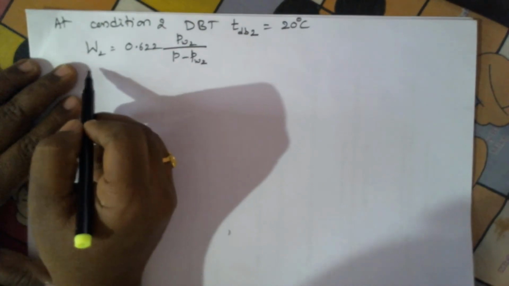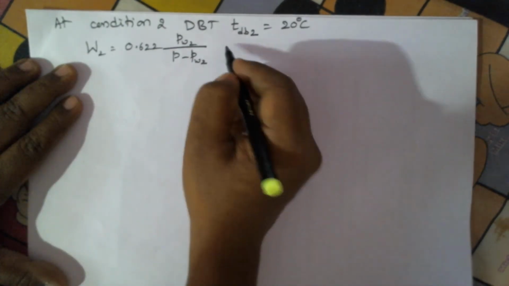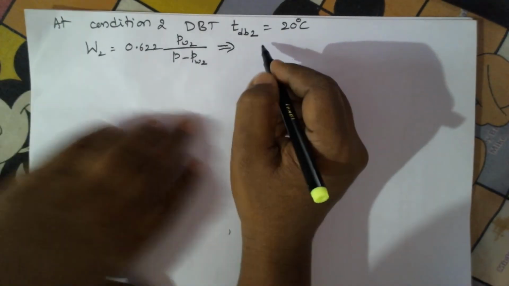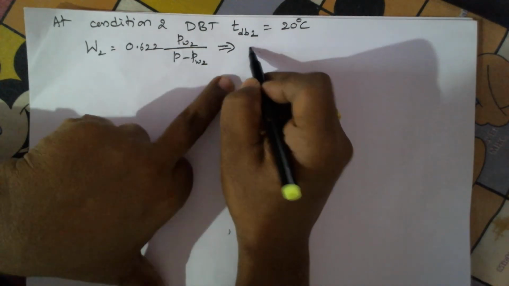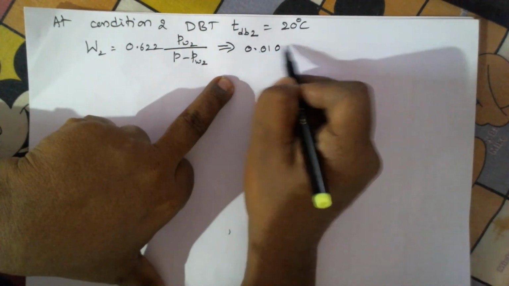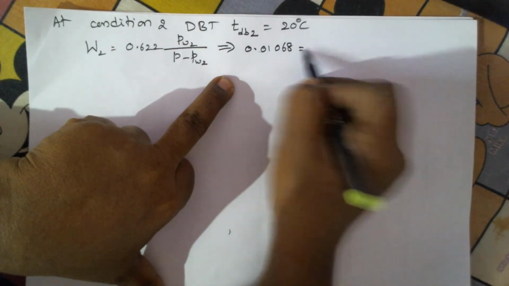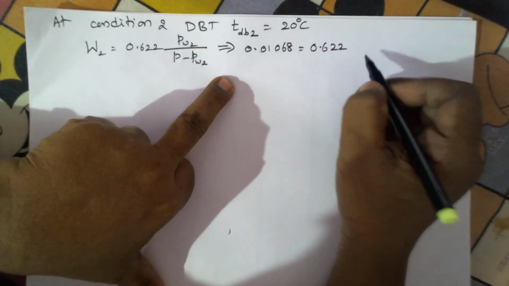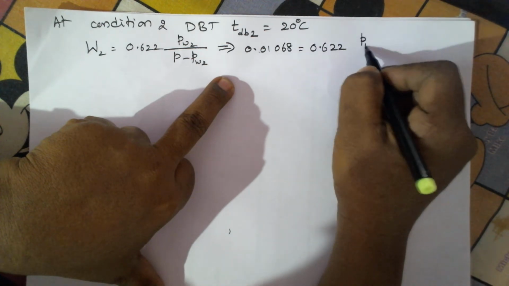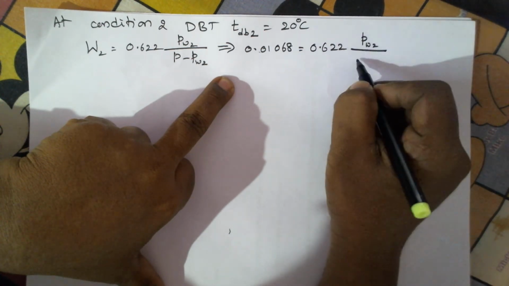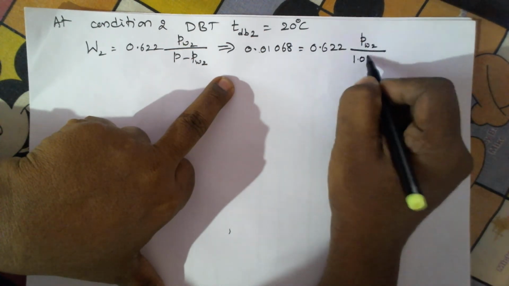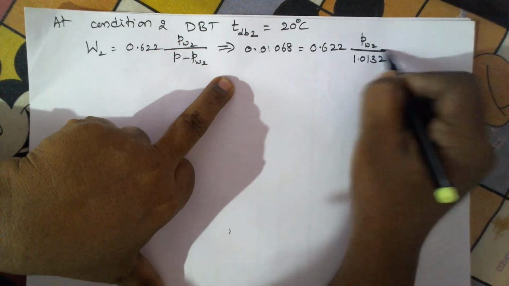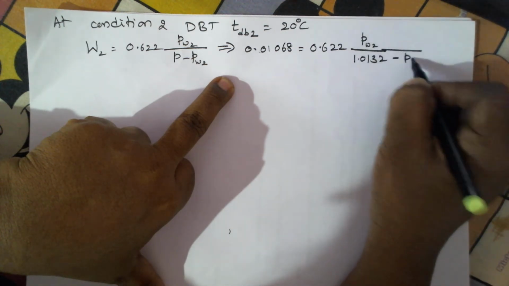W2 we have just obtained as 0.01068, which is equal to 0.622 PW2 divided by 1.0132 minus PW2.